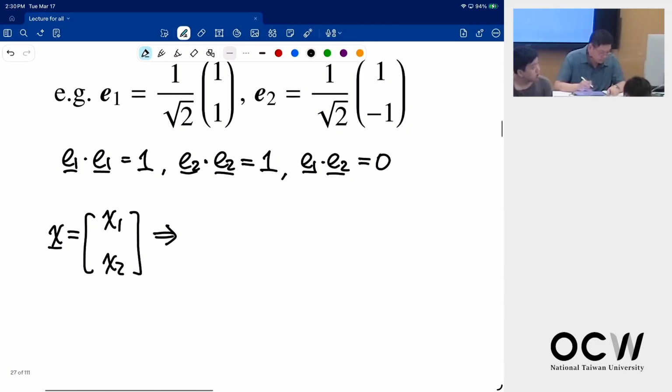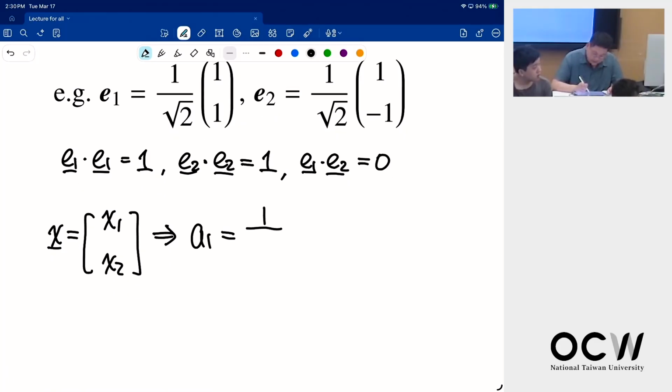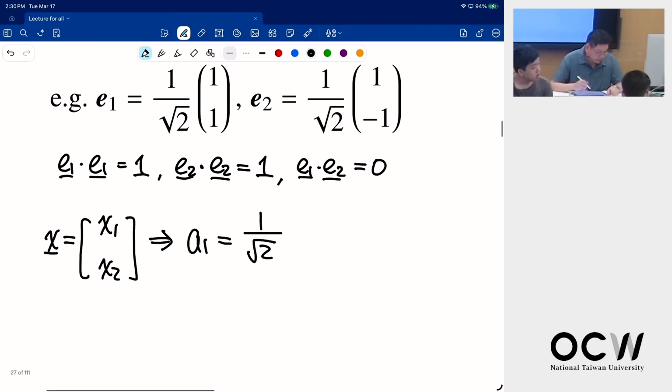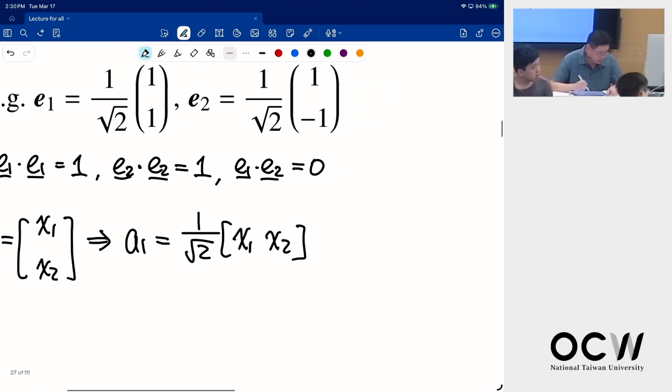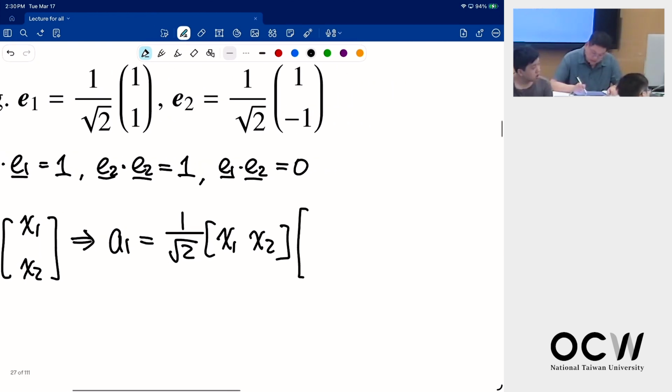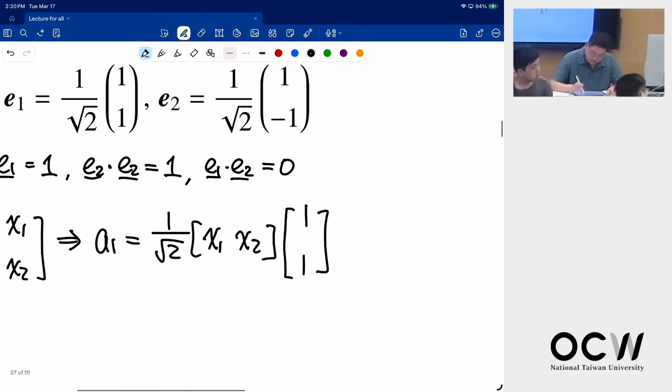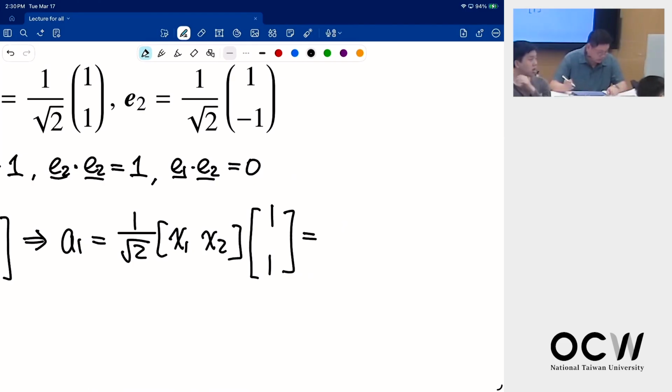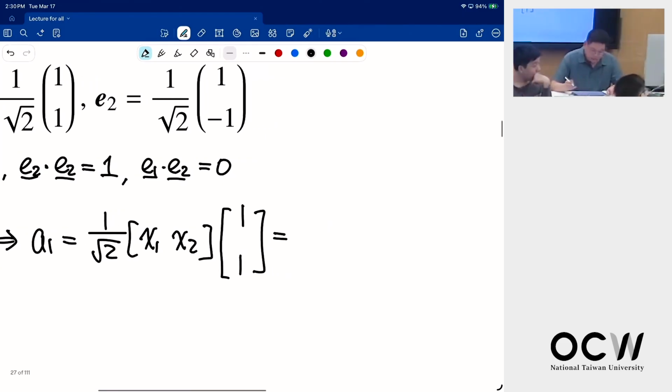So a1 is, we have e1 and x. This is e1. Then your coefficient is 1 over square root of 2 times x1 plus x2.